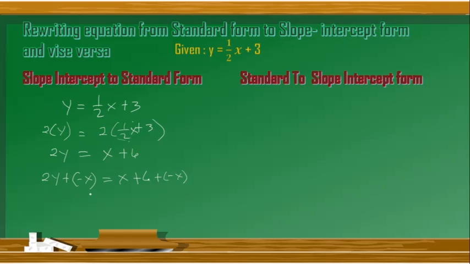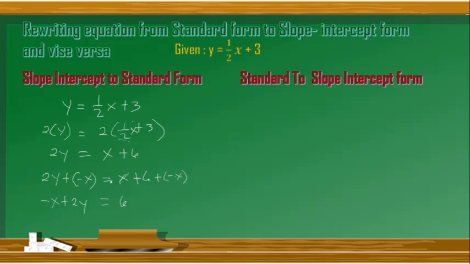So as I said, you have to write first the x. So positive times negative x, that is negative x. Then our y plus 2y, then equals to, this is cancelled out, so what's left is 6.